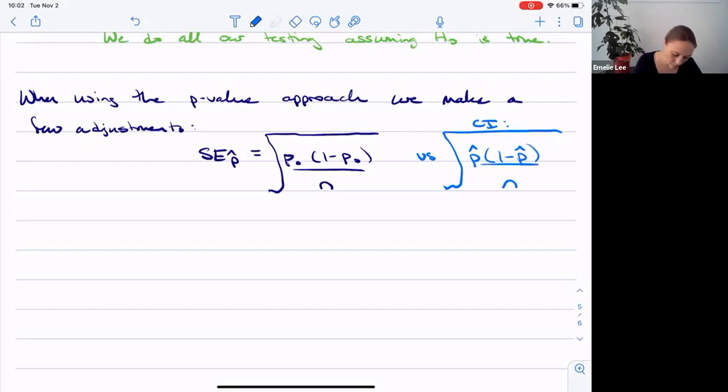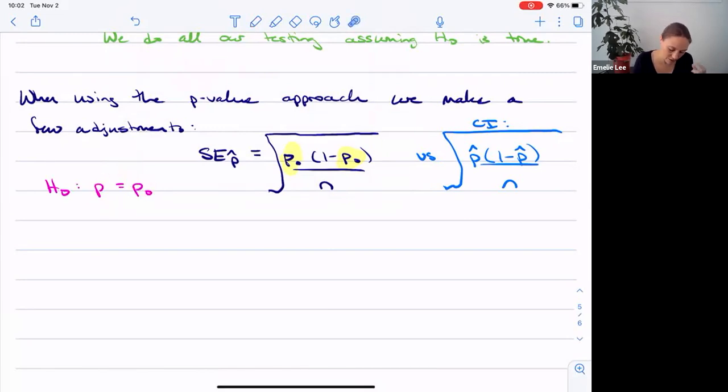So that's important. Sometimes it just has a p here for the population proportion, but remember, H naught is saying that P equals P naught, and we're assuming that's true.